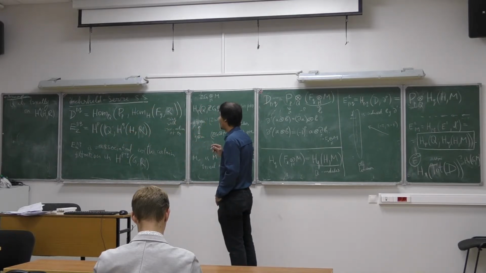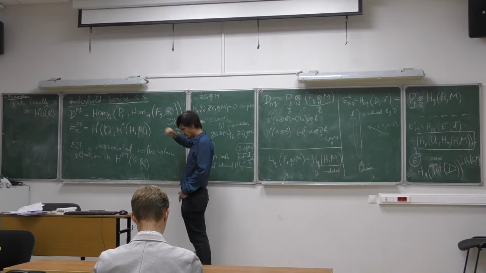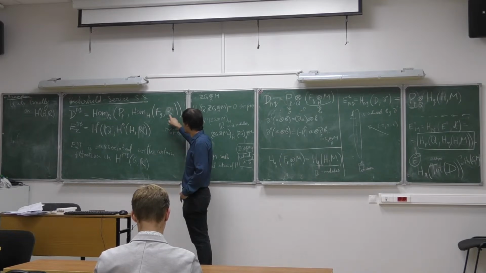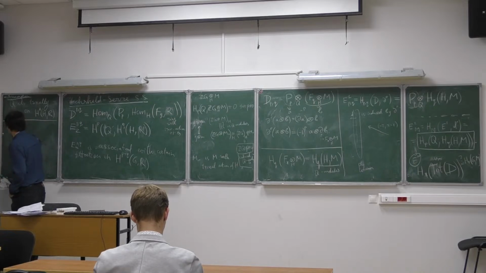Well, I recall that once we have coefficients in a ring and it is untwisted, then we can use approximation of diagonal in F to construct multiplication in such a cochain complex, this complex of cochains for the group H or for any group.